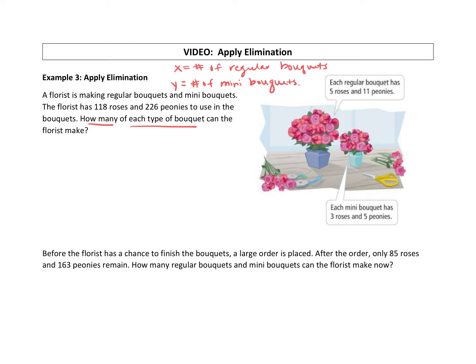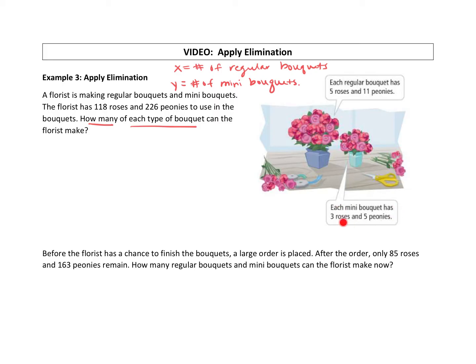Okay, so from there, to write an equation, sometimes it gets a little tricky to see how do I put these numbers together in an equation? It can be helpful to look for totals. Do you have numbers that are totals of things? Over in the picture, they told us what each regular bouquet is made of, 5 roses, 11 peonies.